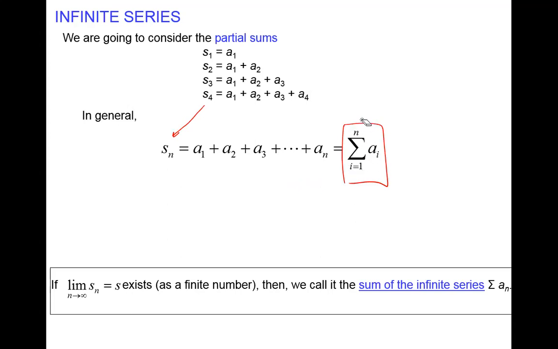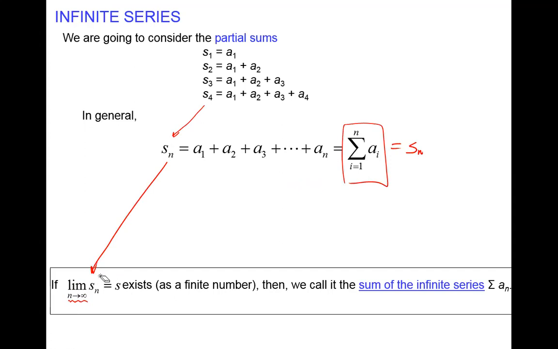If I would like to check how this expression behaves at infinity, of course I have to apply infinity instead of n. That means this is, one more time, S sub n, and I will check how S sub n behaves at infinity.